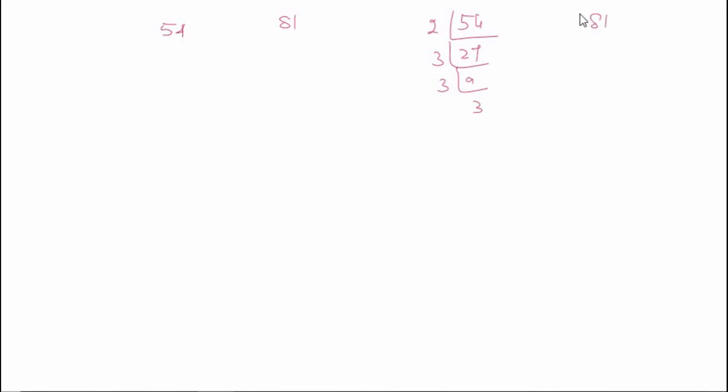For 81, 3, 27, 3, 9, 3, 3. So prime factors of 54 are 2 into 3 cube, and for 81 it is 3 to the power 4.